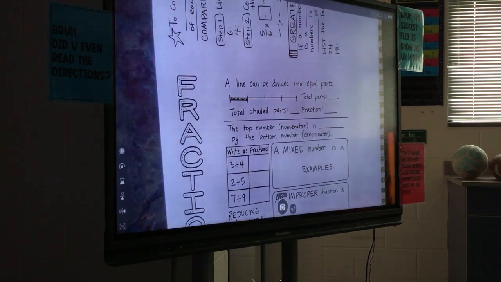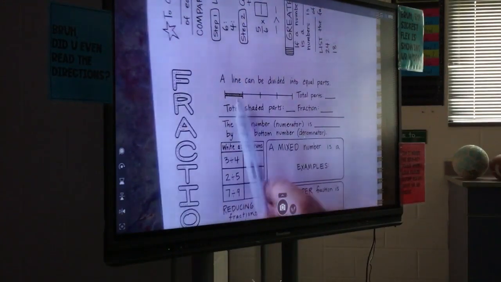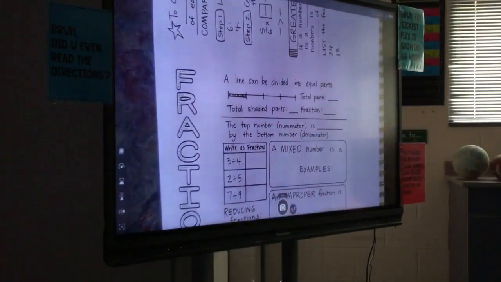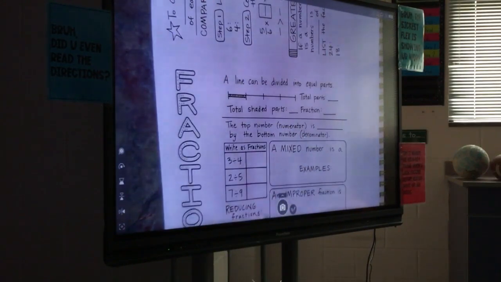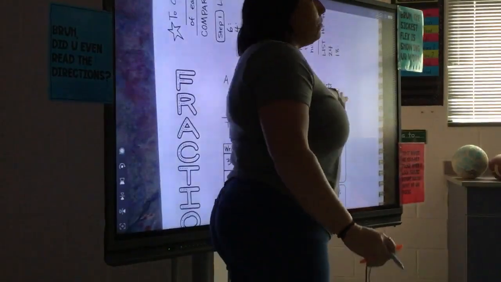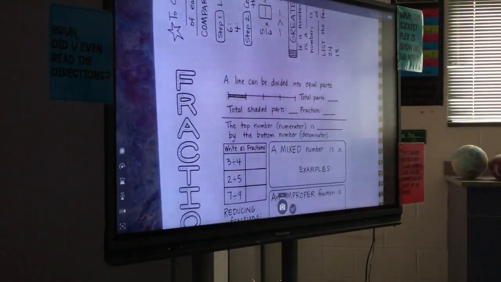So a line can be divided into equal parts. So looking at this line right here, how many total parts do we have? Raise your hand. Gabriel? No, we do not have one equal part. How many equal parts do we have on that line?